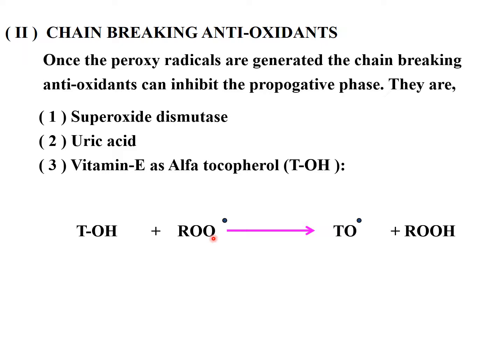Now, as the free radical is propagating, it meets one of these vitamin E molecules. This vitamin E now takes the free radical from the damaged fatty acid, and becomes a free radical-charged vitamin E carrying the free radical.